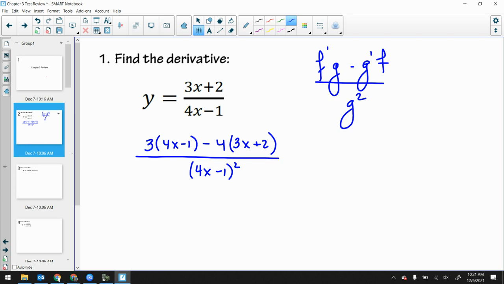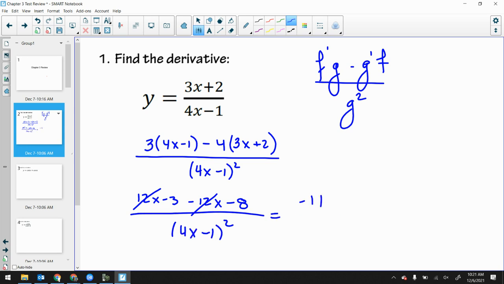And then all we have to do is just distribute. So this is a 12x minus 3 minus 12x minus 8. Oh, cool, that's convenient. So the 12x's cancel. And then I get a negative 3 and a negative 8, which means, sorry, this is still over that. That's a negative 11 over 4x minus 1 squared.